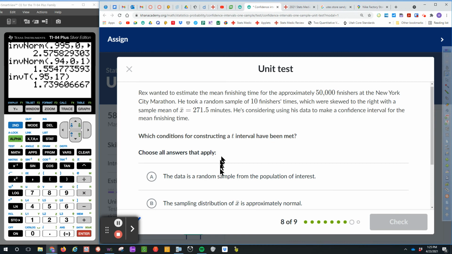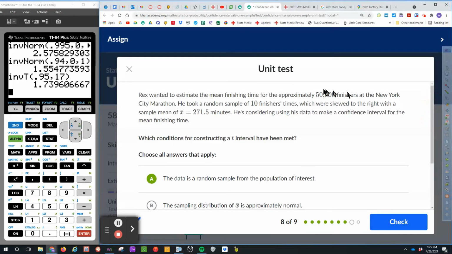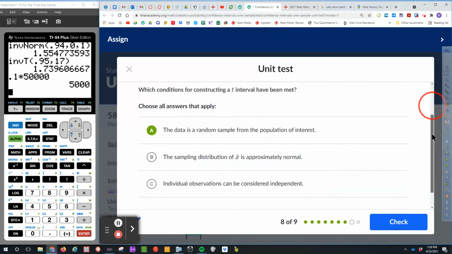So is this a random sample? Yes, because it says he took a random sample of 10 finishers' time. And there are 50,000 finishers. So what is 10% of 50,000? So 5,000, and he only took 10. Wow. So as long as the sample size is less than 10% of the population size, we should be good.